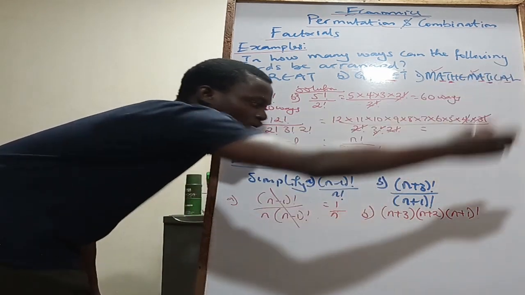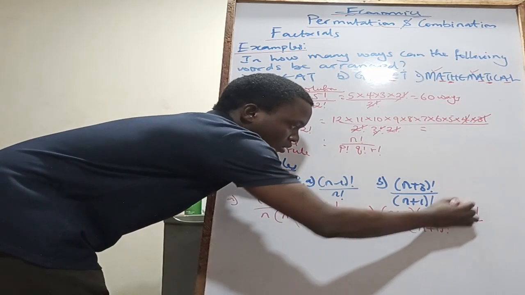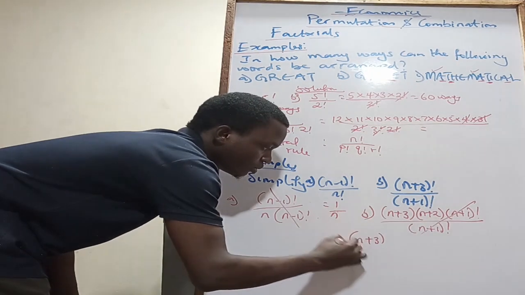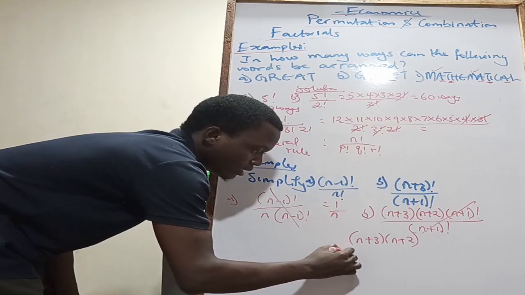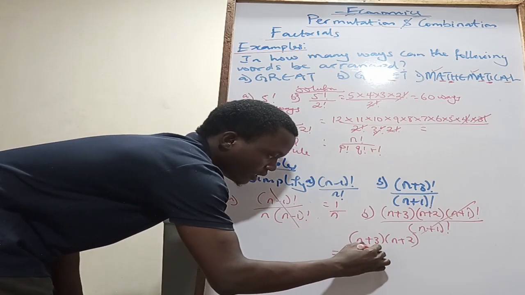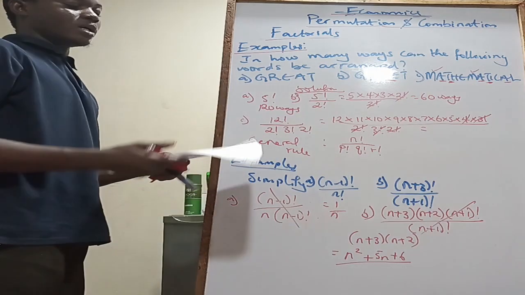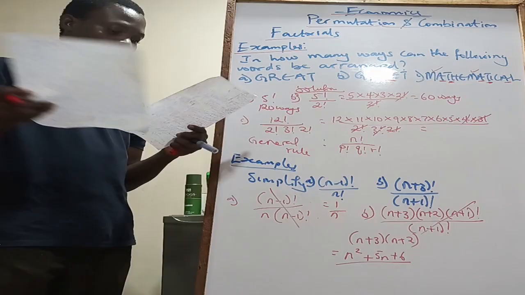There's no need to continue. Divided by n plus 1 factorial, so these two can cancel themselves. So n plus 3 into brackets n plus 2. When you multiply this out, n squared plus 5n plus 6. So you get a function. That's how to address that particular one.